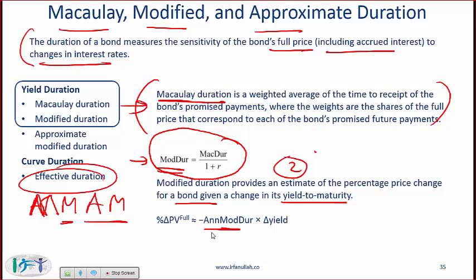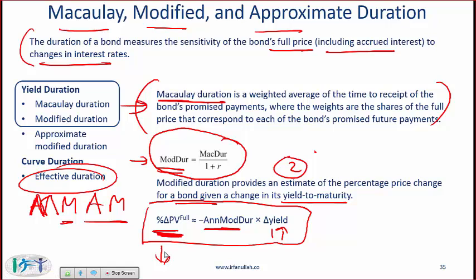You will sometimes see this term ANN mod dur. So this stands for annualized modified duration, and the assumption when you are given modified duration is that you are looking at an annualized number. So this relationship is also very important. Your percentage change in the full price is equal to minus annualized modified duration into change in yield, and the minus is there because if yield goes up, then the price will come down.